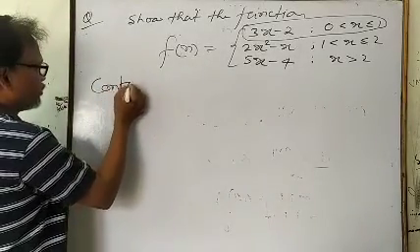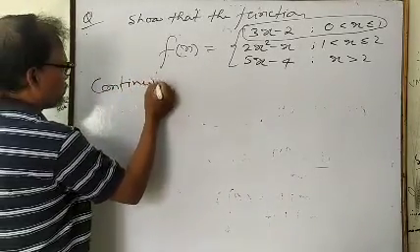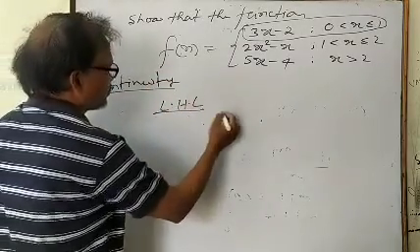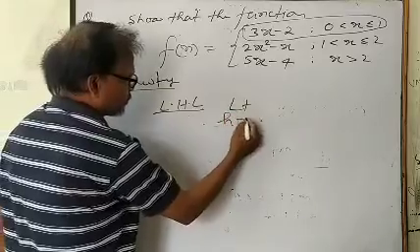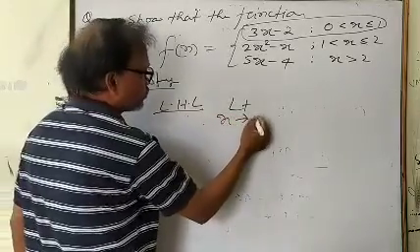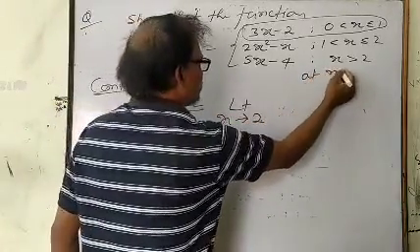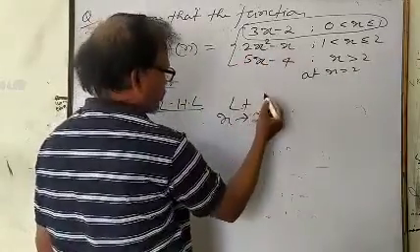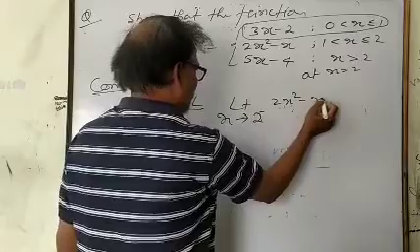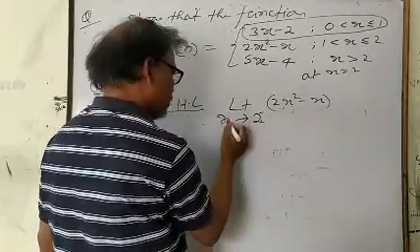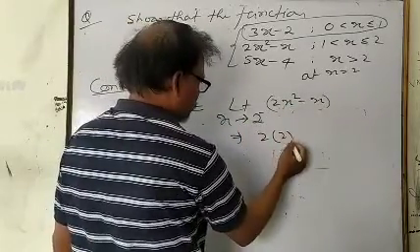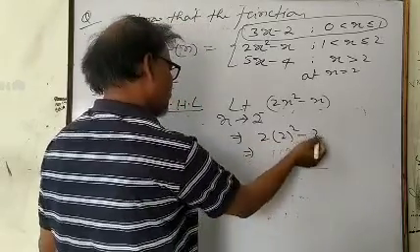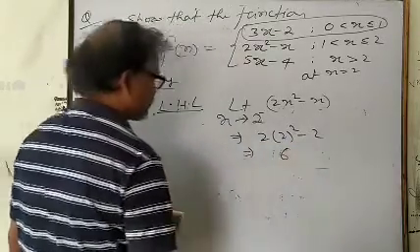For continuity, the left hand limit, x tending to 2 minus. 2 minus means take this function 2x square minus x, and put the value x is equal to 2 here. So 2 into 2 square minus 2, that is 8 minus 2, that is 6.